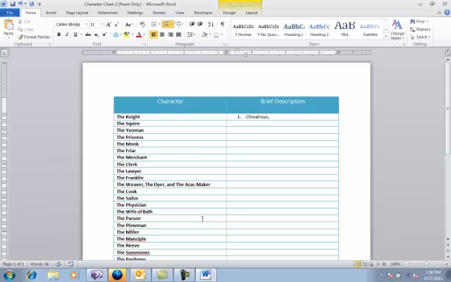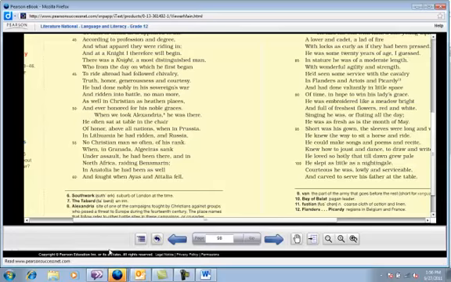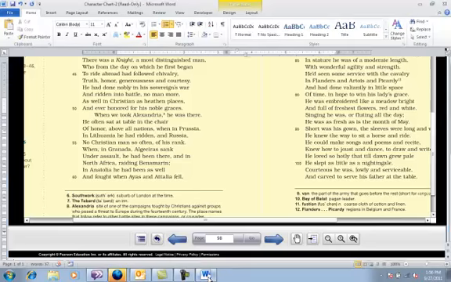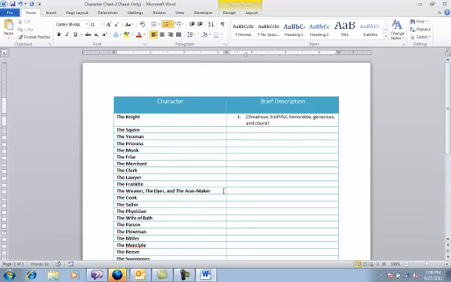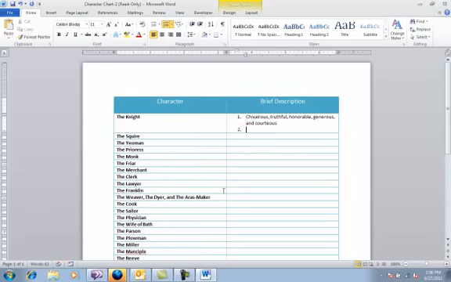He's chivalrous, truthful, and you can always flip back and forth if you need to. What else? He's honorable, generous, and courteous. Okay. And we need 3 big things about him.